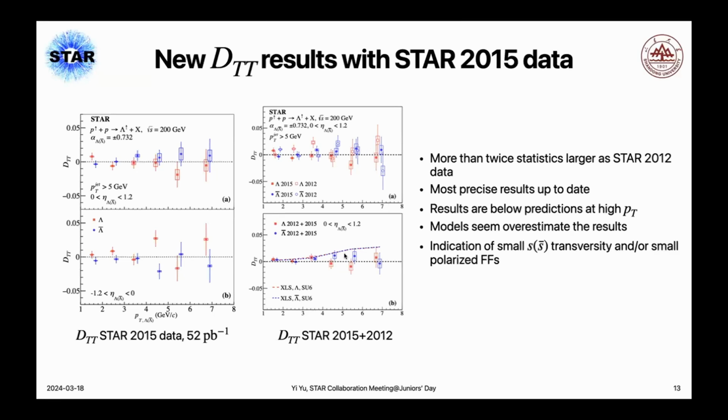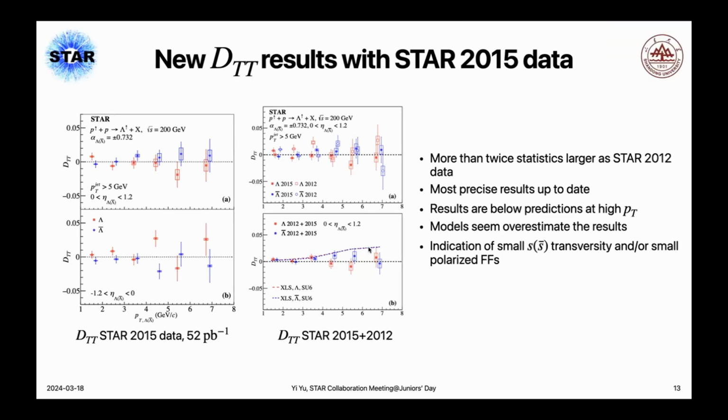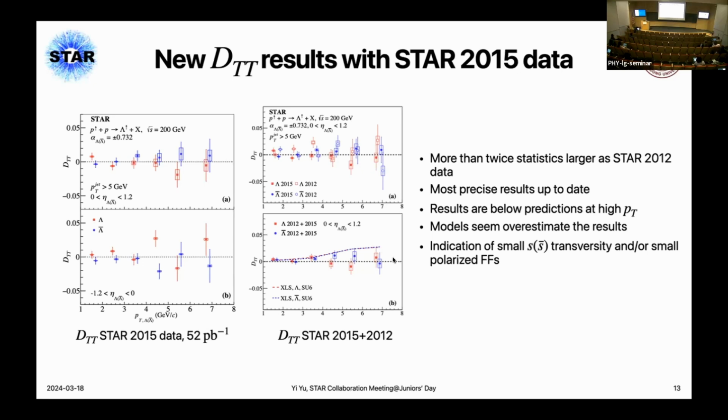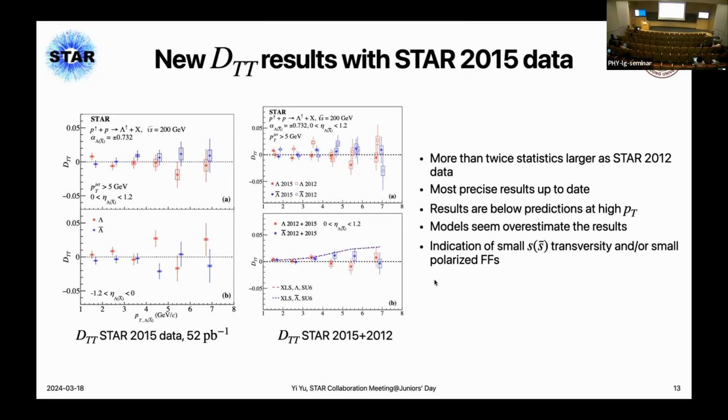When combining the 2 years of data, we found that at high PT, the data is below the theoretical predictions. This might indicate that the theoretical models overestimate the result.